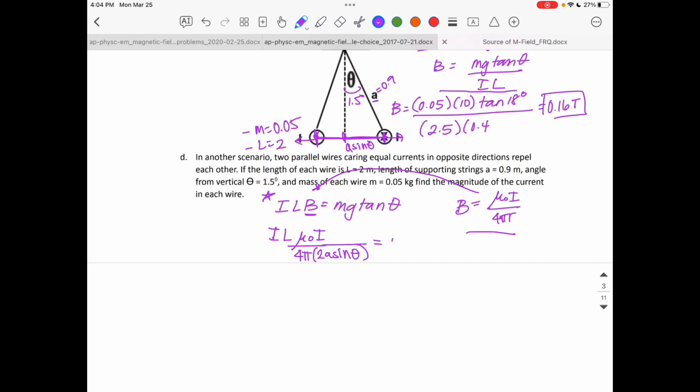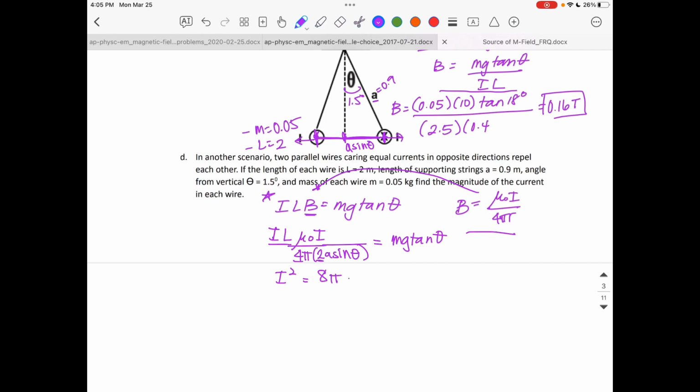This whole thing is equal to mg tan theta, and then I want to solve for I, so I'm going to isolate the I squared, and then divide the other variables to the other side. So I'm going to multiply by the reciprocal. I've got the 4 and the 2, that becomes 8 pi.